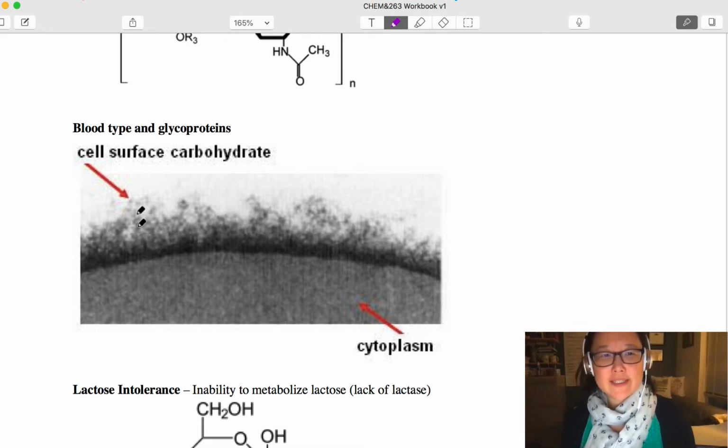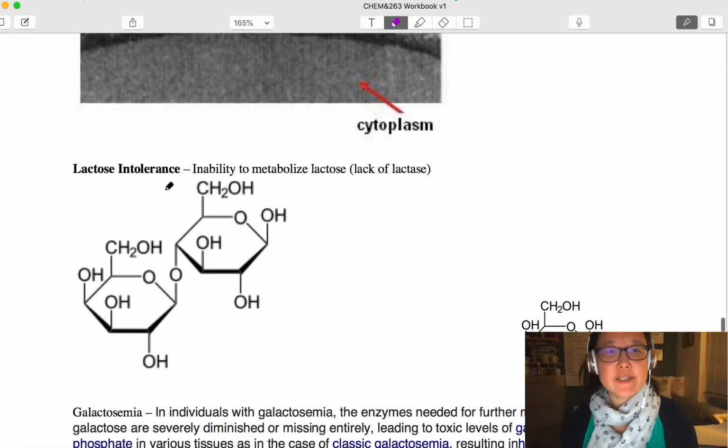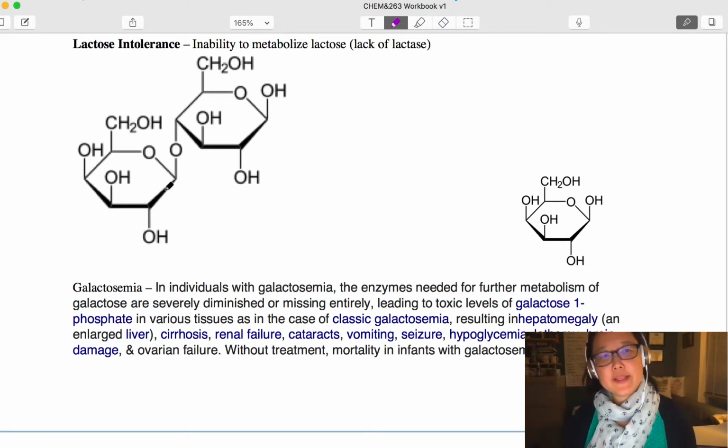So you could actually see different kinds of sugars and proteins linked together to give you a unique profile that results in compatibility or not between blood cells. It's really important to make sure when you get a blood transfusion that you have a compatible blood transfusion.